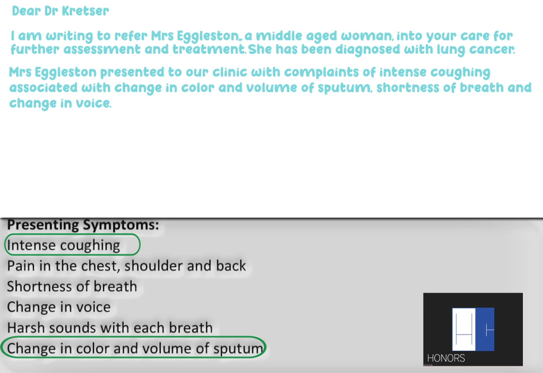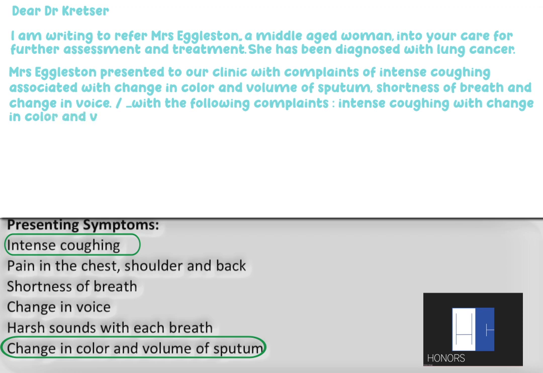That's done. Or else, you can make use of colons here. Mrs. Eaglestone presented to the clinic with the following complaints. We put a colon. Intense coughing with change in color and volume of sputum, comma, shortness of breath and change in voice.